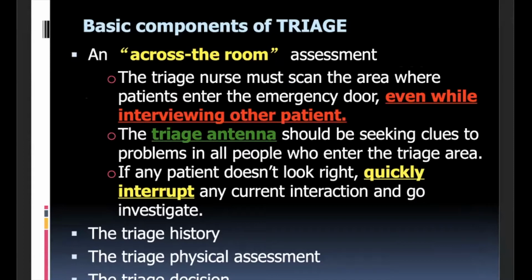You will not just focus on the patient you are interacting with, or someone in front of you, but on the whole emergency department. The triage nurse must scan the area where patients enter the emergency door, even while interviewing other patients.